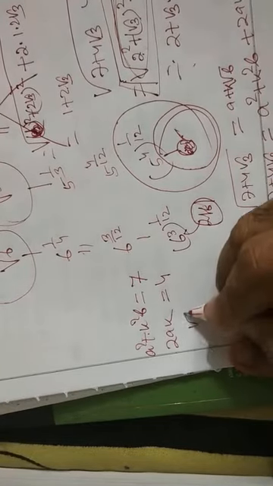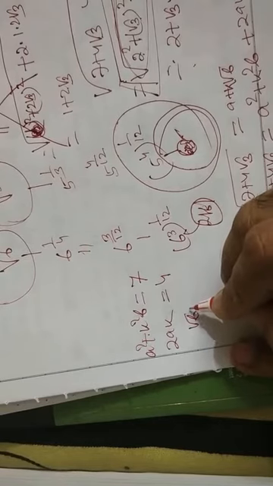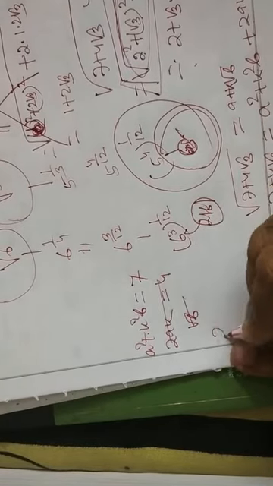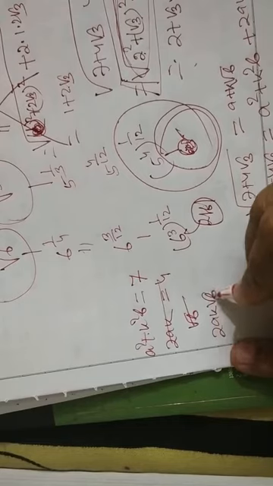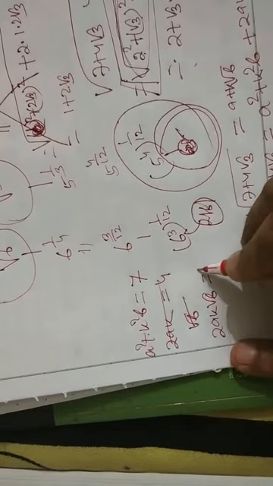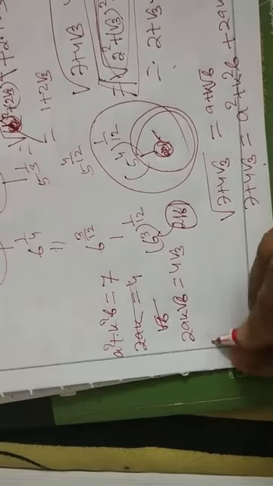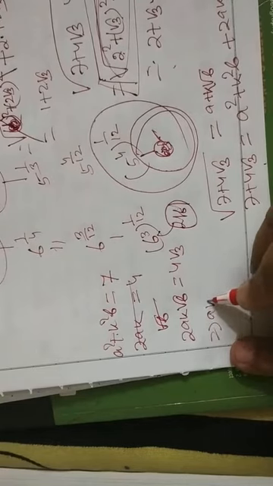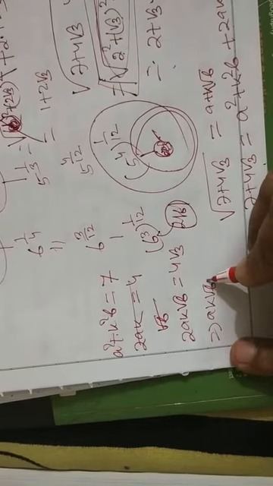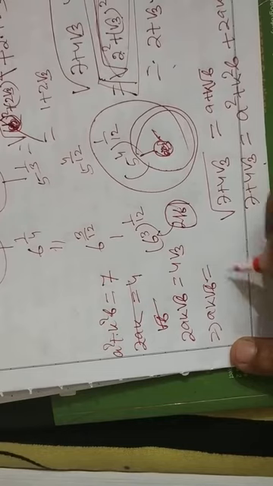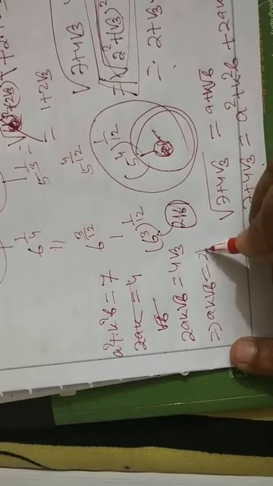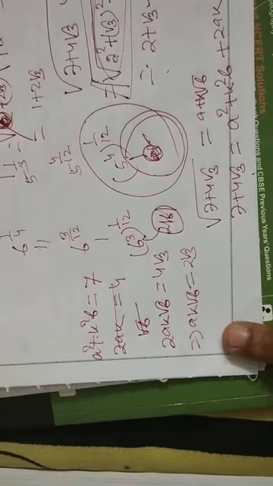What is root b? Or you may write 2ak root b. It is how much? 4 root 3. So ak root b is what? 2 root 3. Am I right?